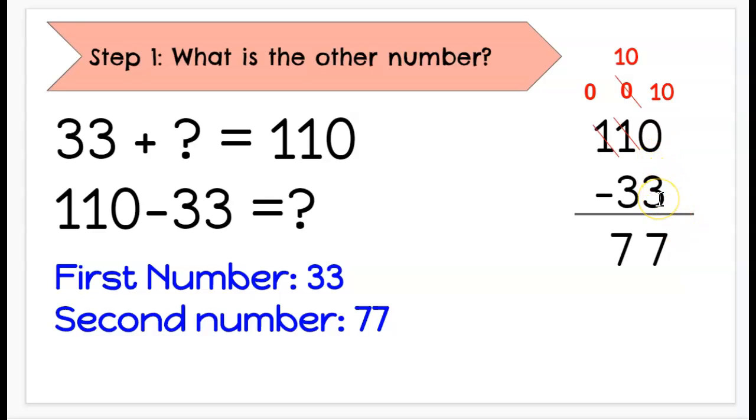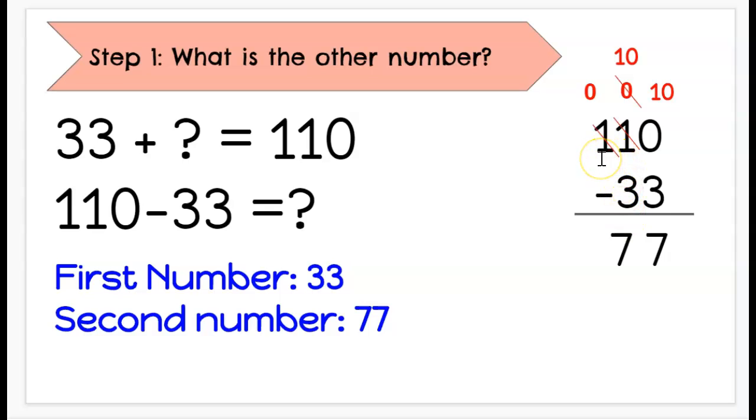0 minus 3 cannot happen, so I borrow from 1. It's going to give me 10. So now my new equation is 10 minus 3, giving me 7 for my 1's value. Now my new number over here is a 0. I cannot do 0 minus 3, so I will need to borrow again.